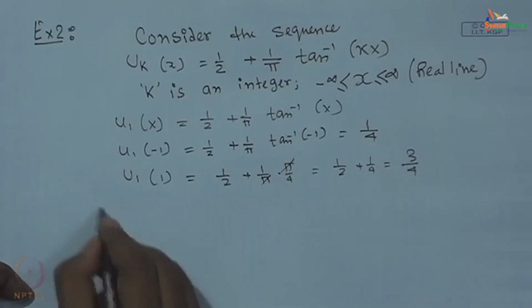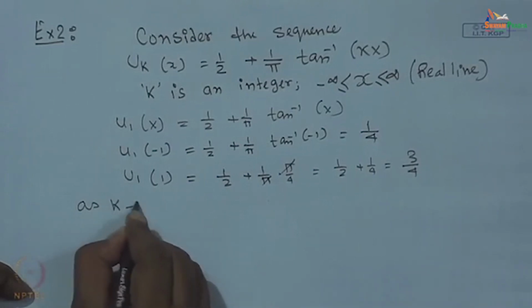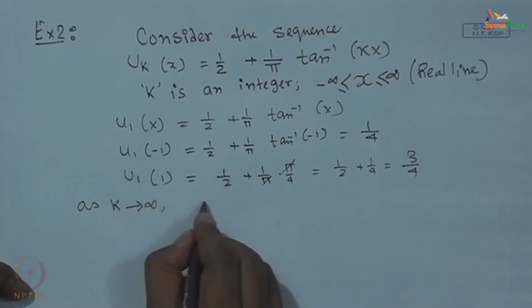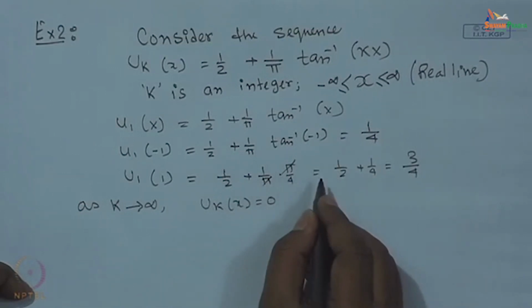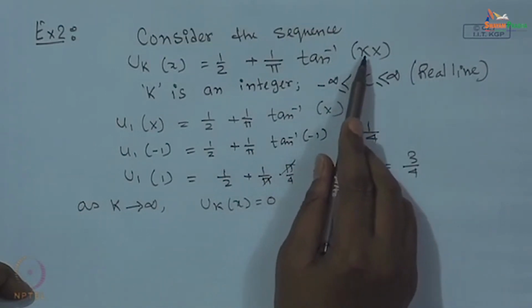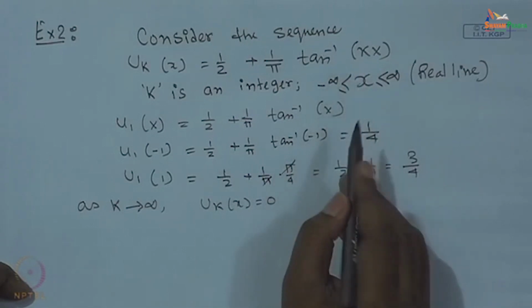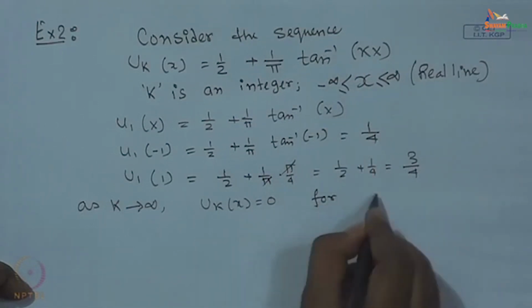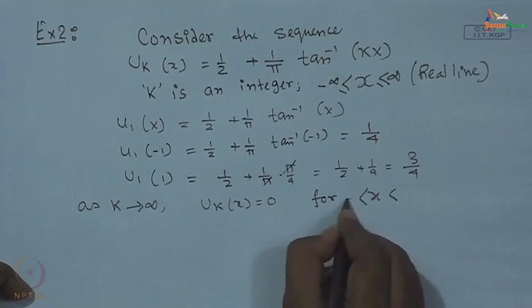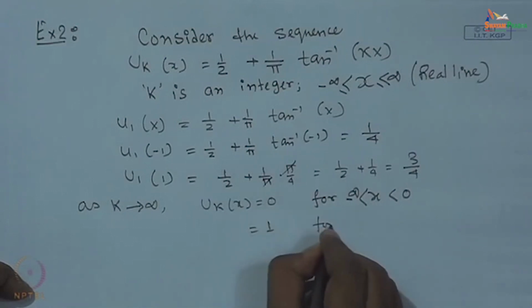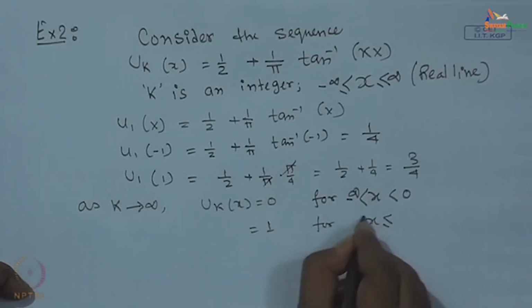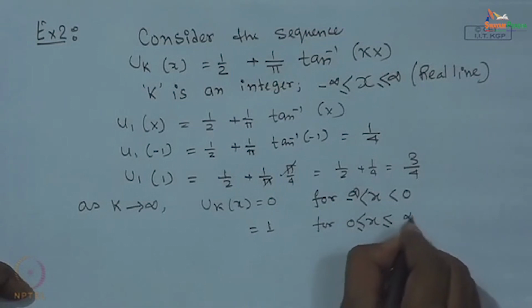Now, as k tends to infinity, u_k(x) becomes 0 for x lying between minus infinity and 0, and this value will be 1 for x lying between 0 and infinity.